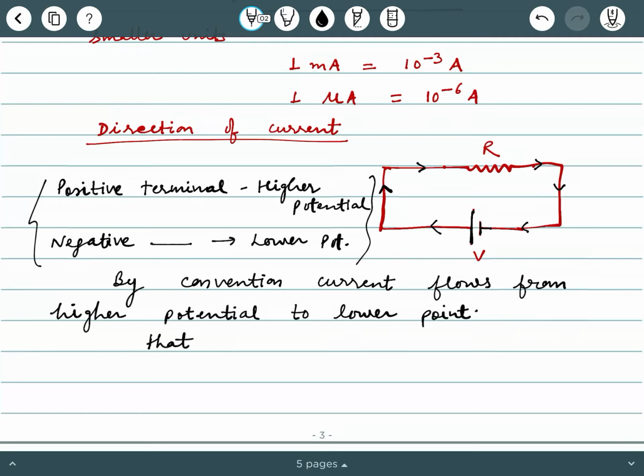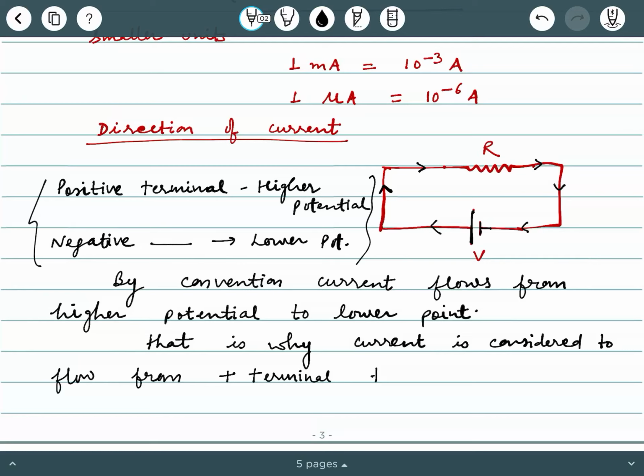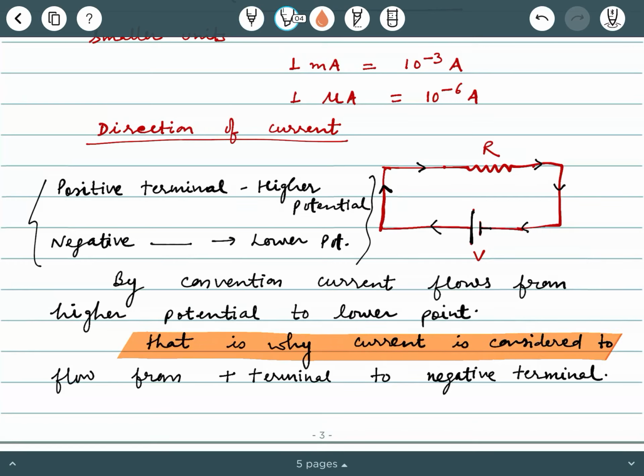That is why current is considered to flow from positive terminal to negative terminal. Fine. So this is conventional.